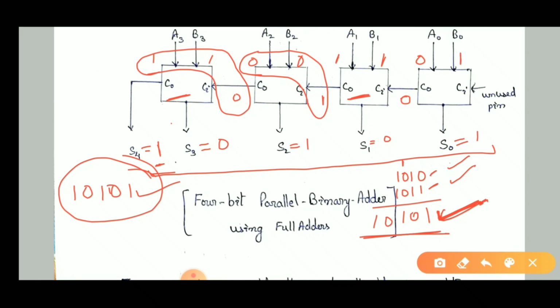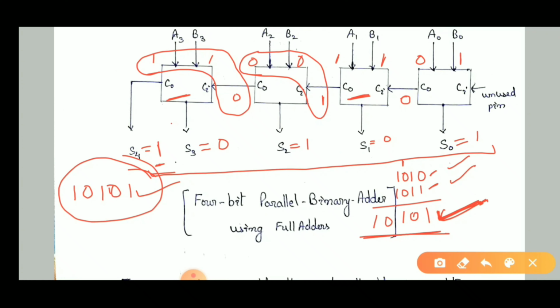Likewise, we can add any two numbers by using parallel binary adders. But you have to remember one thing, that here the number of full adders must be equal to the number of digits in the number.